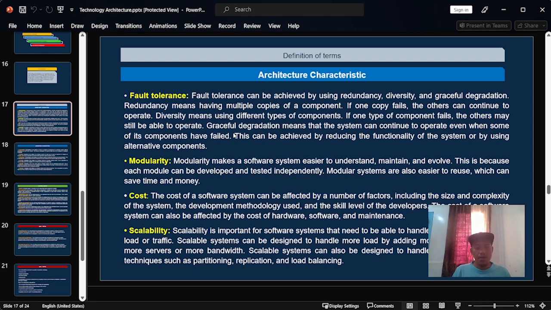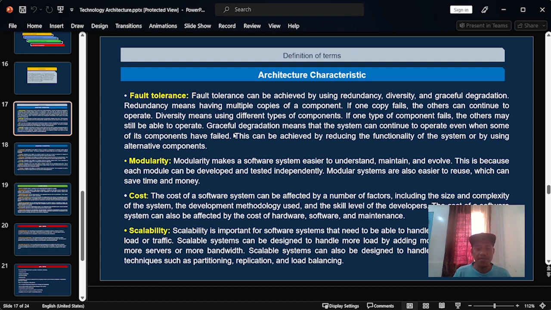Now, scalability. Scalability is important for a software system that needs to be able to handle an increasing amount of load and traffic. The design should be scalable and can handle that kind of traffic, by adding more resources such as servers or more bandwidth.